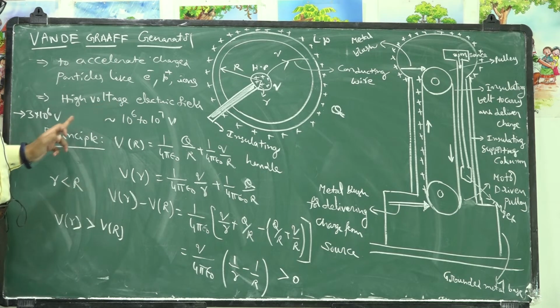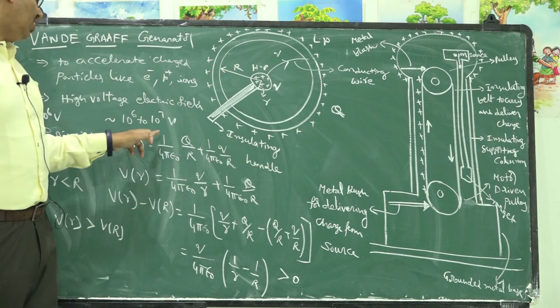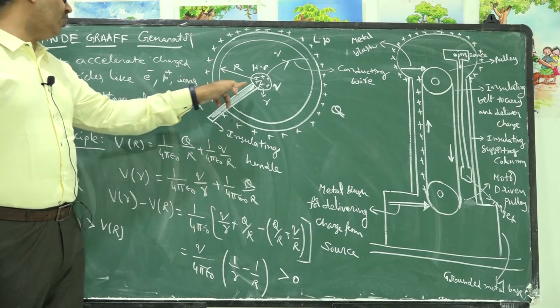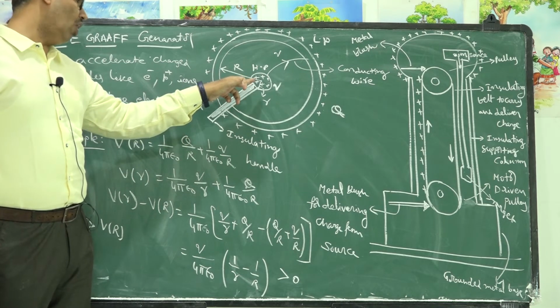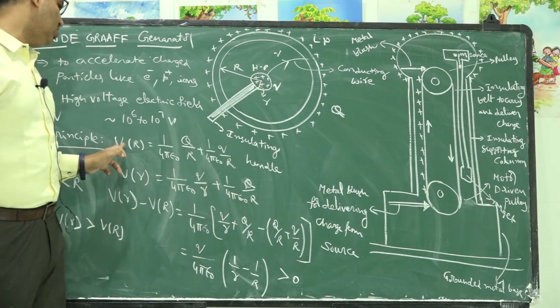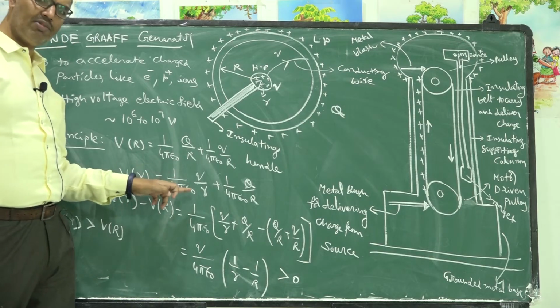To generate this, it follows a principle. What is that principle? If you take a metal shell, the potential on the metal shell is given by 1 by 4 pi epsilon naught, q by r. Whenever we introduce another small sphere of radius r possessing some charge inside this, the potential on the outer shell becomes like this, and the potential on the inner shell becomes like this.